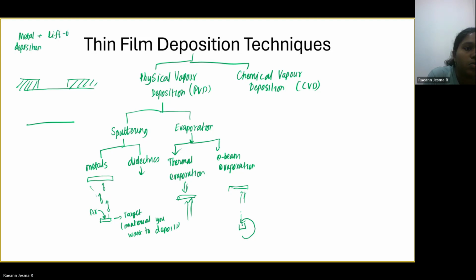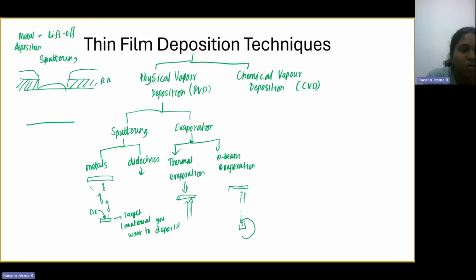It will also get deposited on the side walls. So when you try to do liftoff, in some cases, if your metal deposition is not done well, there'll be contact formed between the top and the bottom surface.